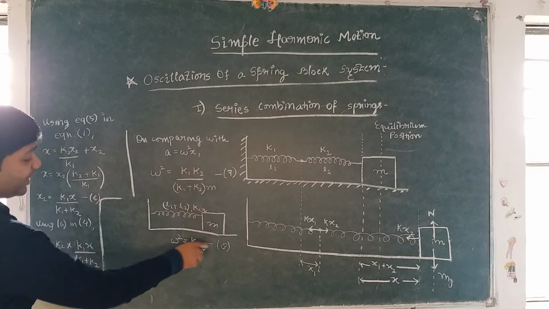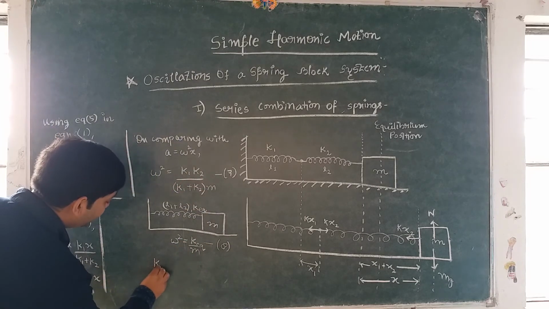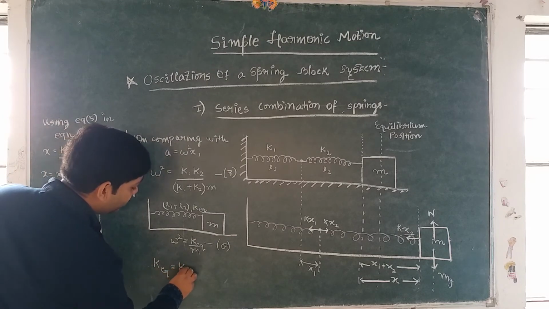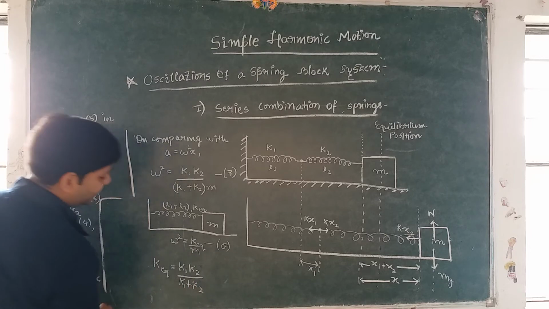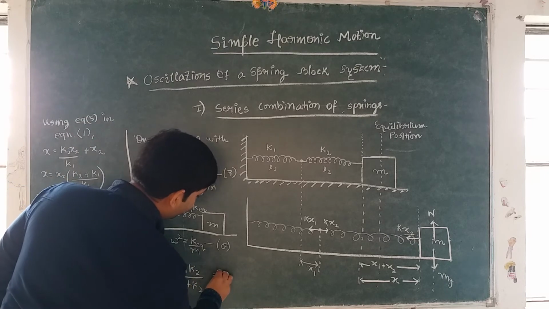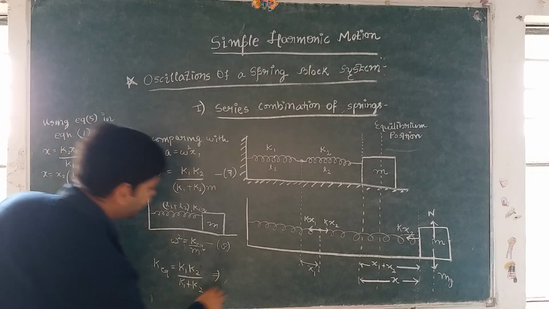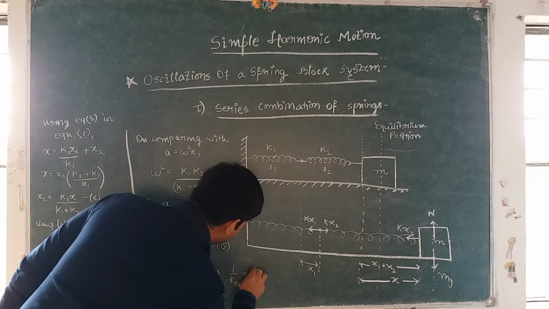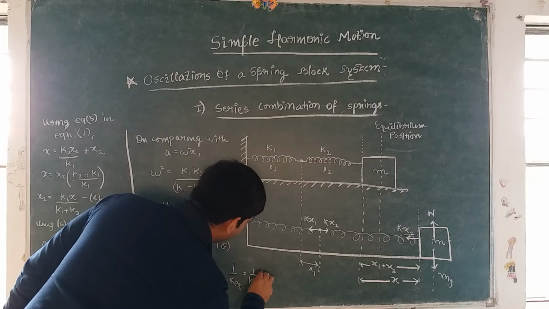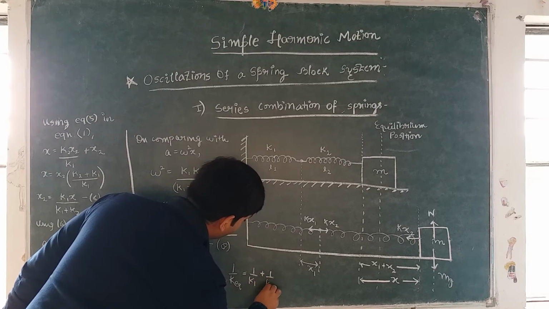So on comparing 7 and 8, K equivalent comes out to be K1 K2 upon K1 plus K2, right? Or you can write, in other words, this expression can be written as 1 upon K equivalent is equal to 1 upon K1 plus 1 upon K2.